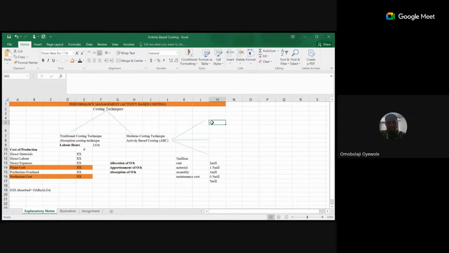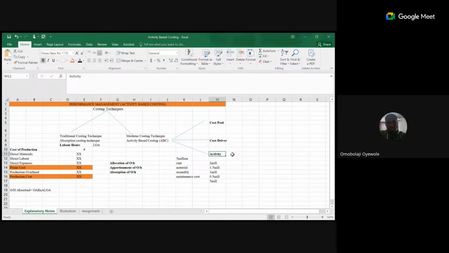The first one here is the cost pool. The next one is the cost driver. And the other one is the activity. So these three terms under activity-based costing are very, very important: cost pool, cost driver, and activity.